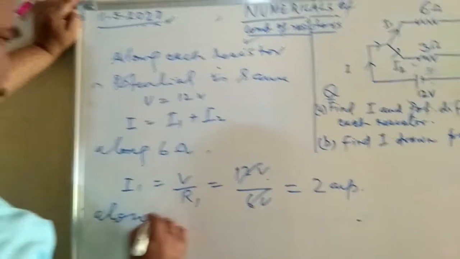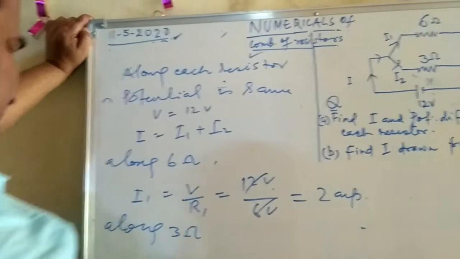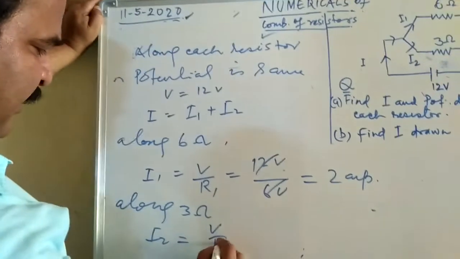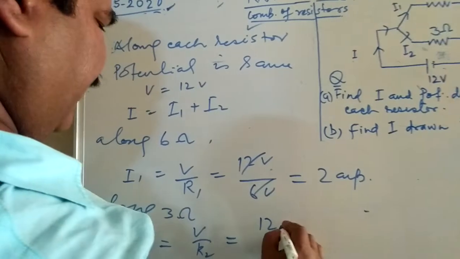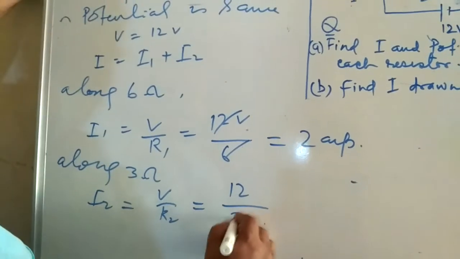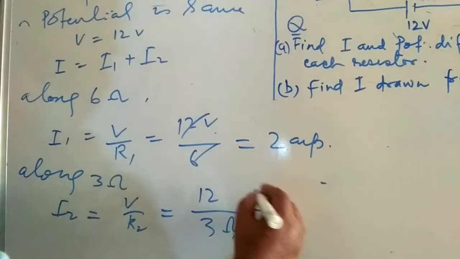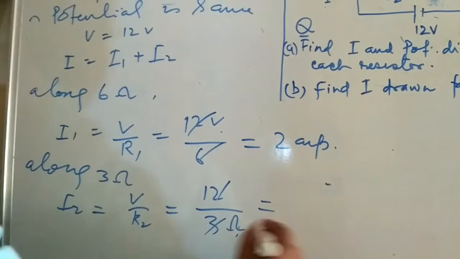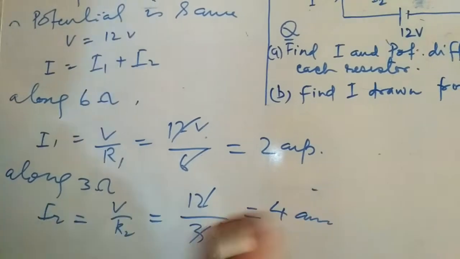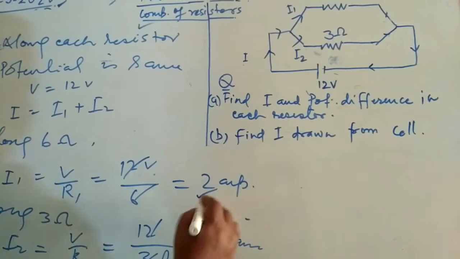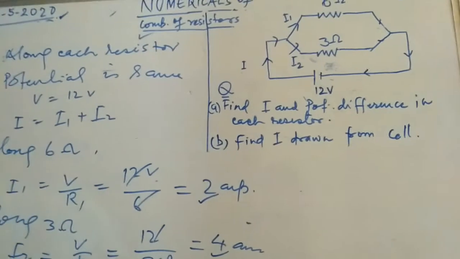Now along the 3 ohm resistor, I2 is equal to V by R2, with V equal to 12 and R2 equal to 3 ohm. If you cancel out, you get 4 ampere of current. So the currents along the resistors are 2 ampere and 4 ampere.